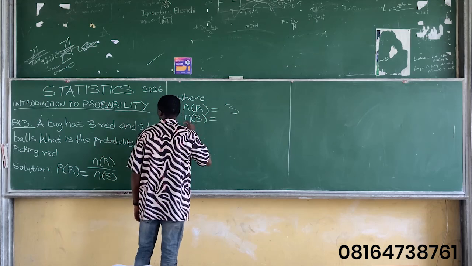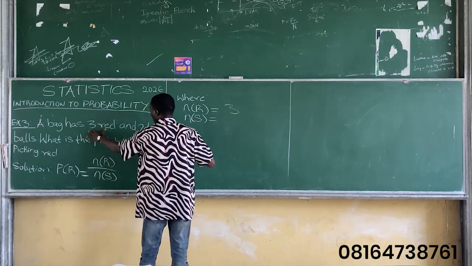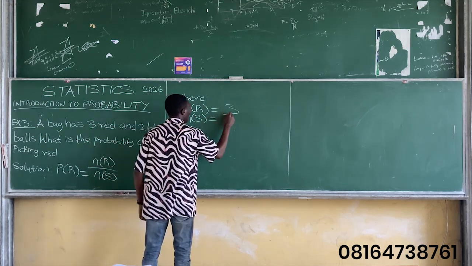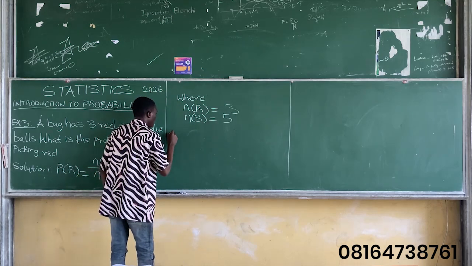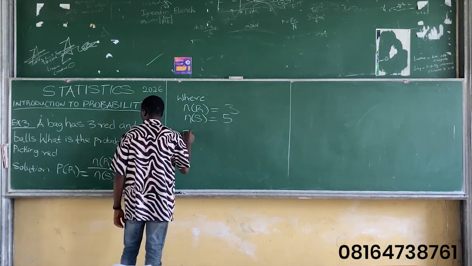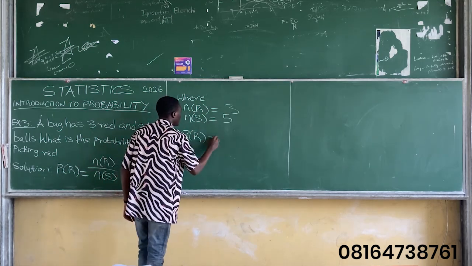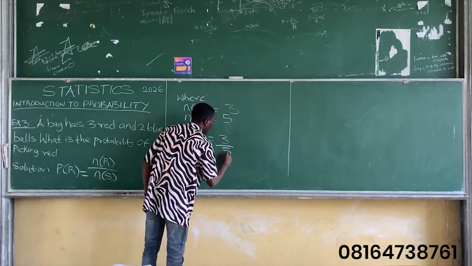And the total number of possible outcomes, the total number of balls we have, which is 3 plus 2, is equal to 5. Therefore, the probability of picking red is equal to 3 over 5.